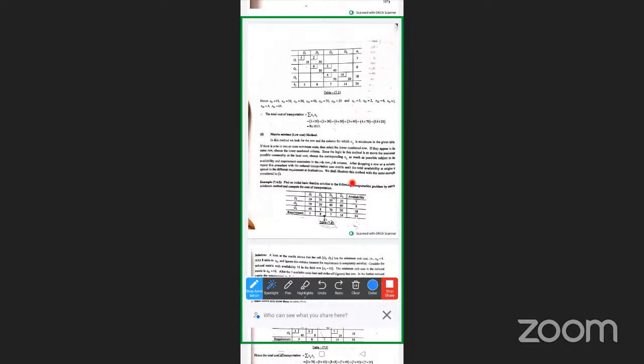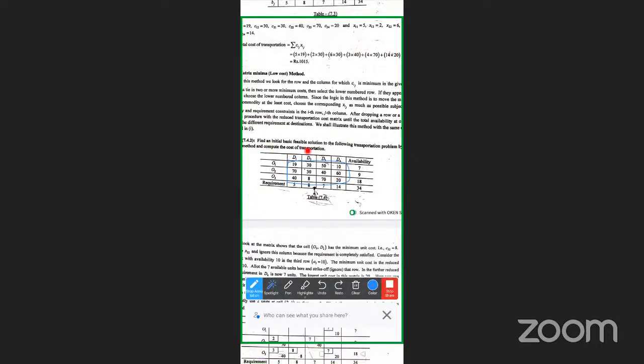After dropping a row or a column, repeat this process with the reduced transportation cost matrix until the total availability at origins equals the requirement at destinations. So this method is the matrix minima or lowest cost entry method.